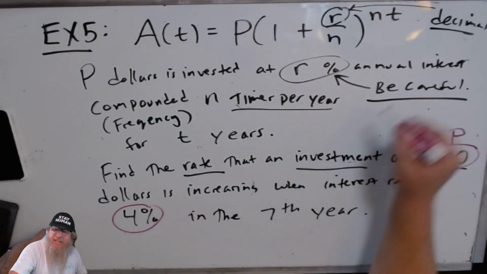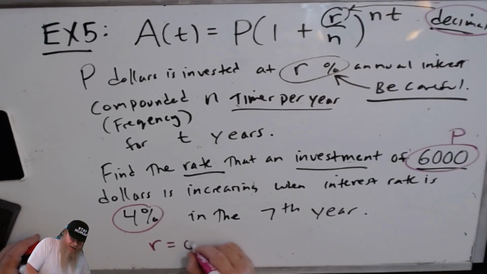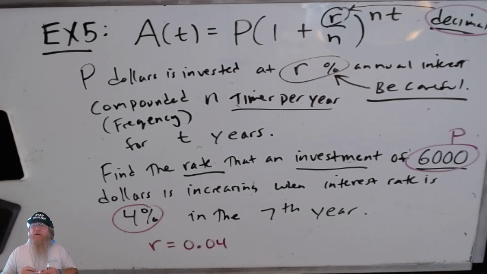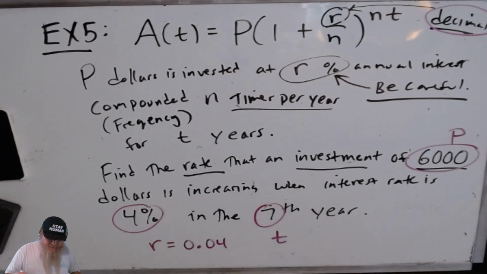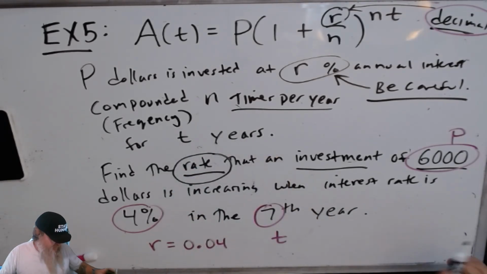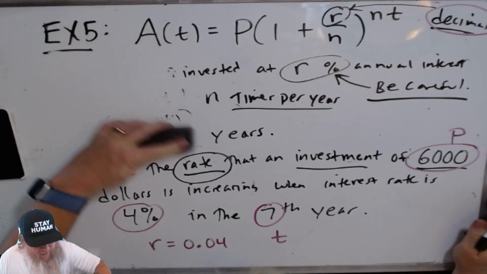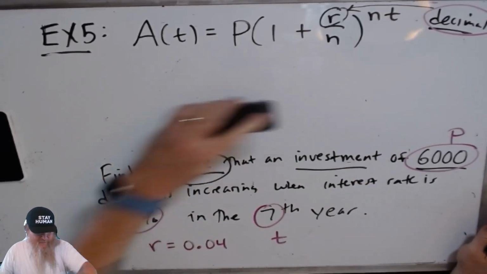The percentage, you got to be careful. It's a decimal, so my R is 0.04. And then my T is 7. And I want to find the rate. So I want to find the derivative of this function.